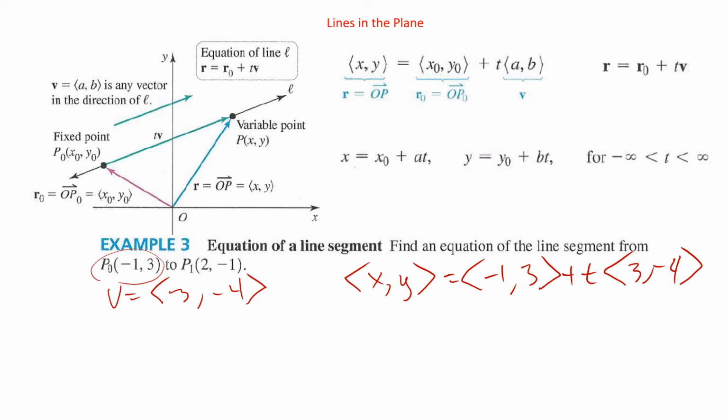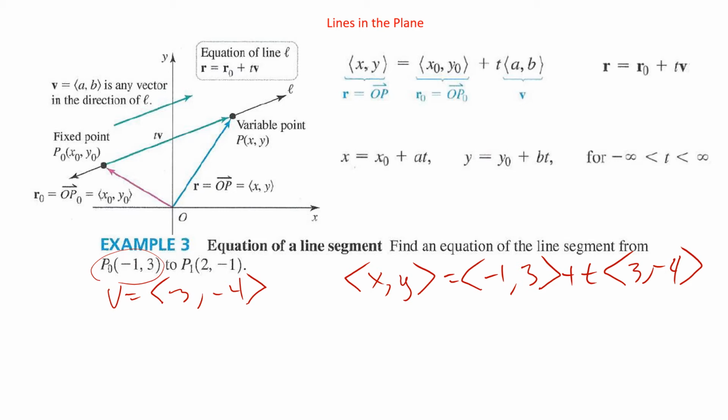The only way that wouldn't happen is if you used either a different point along that line, or if you reduced the vector like you would reduce the slope. But if you don't, and in this case, reducing wouldn't make sense. If we had 3 comma negative 6, we could reduce that to 1 comma negative 2. It's the same direction, just different magnitude.